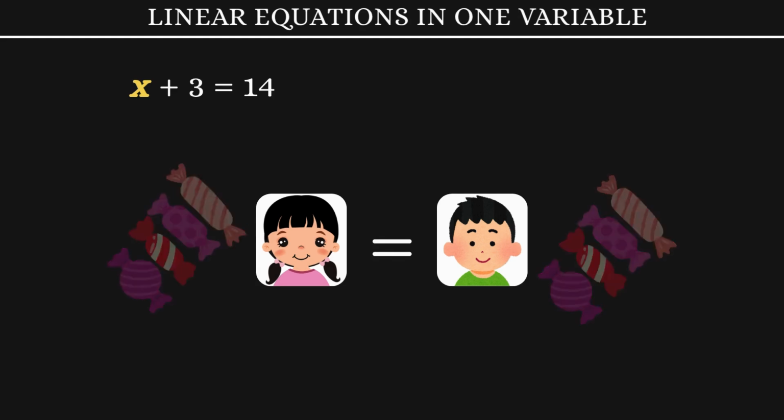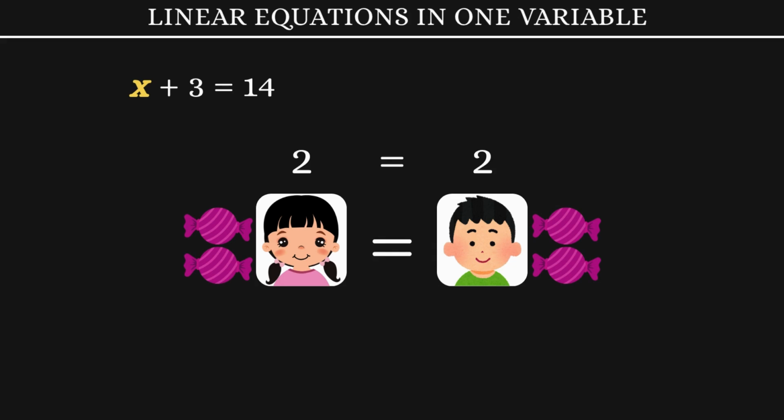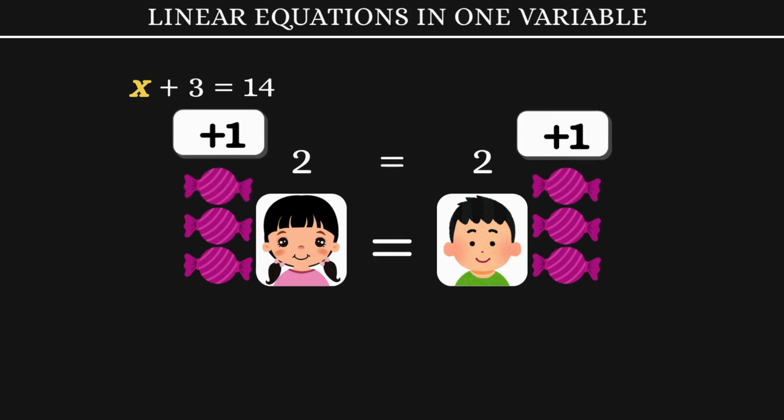One day, their father decided to give them 2 each. So they are equal now. Imagine the mother comes and gives one more candy to the brother. Now are they equal? No, unless you give another candy to the sister.